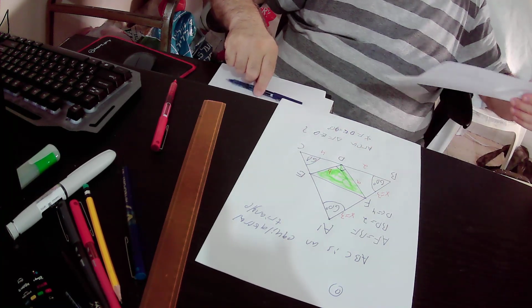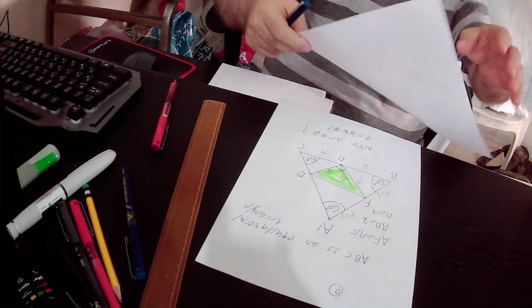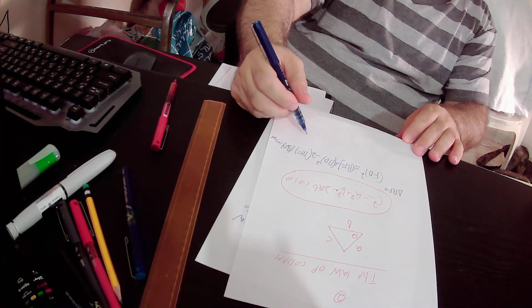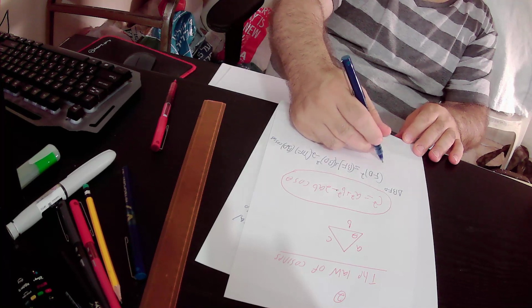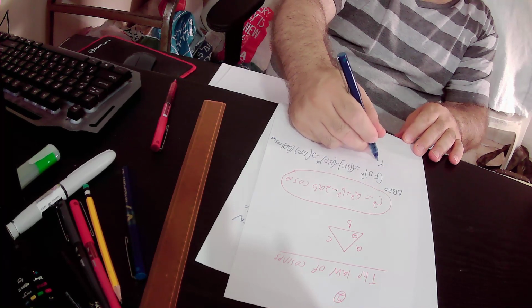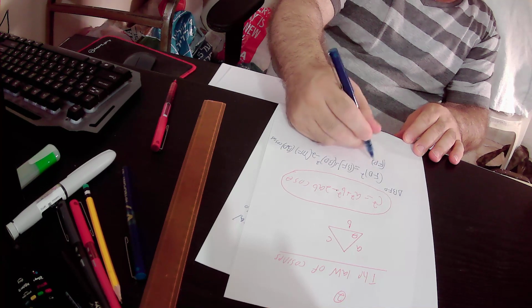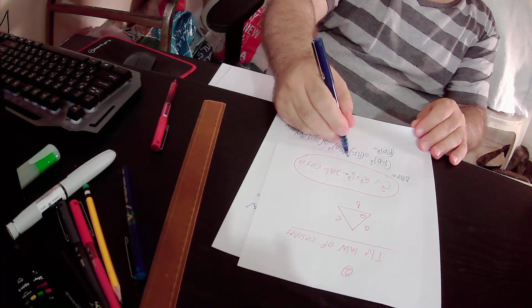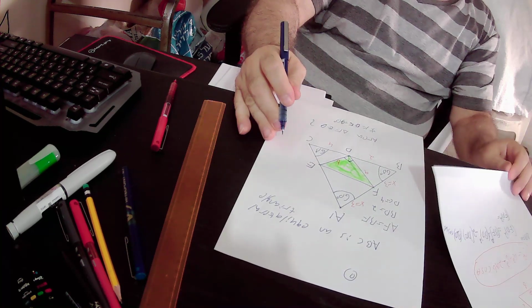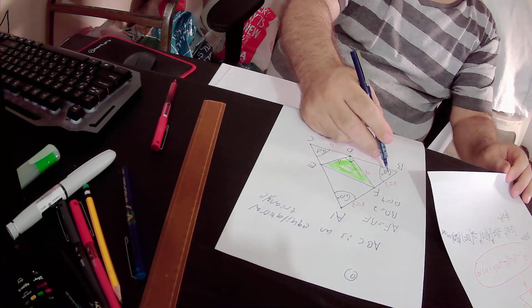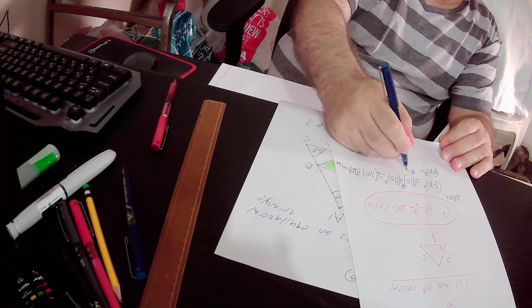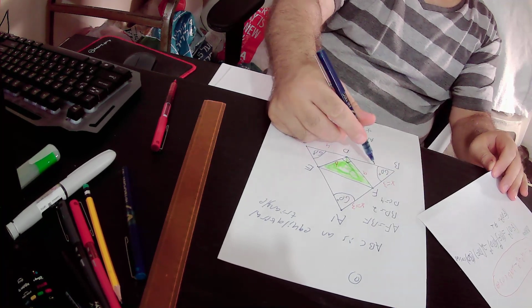We know that cosine 60 degrees is 1 over 2, so FD square will be equal to BF square. BF equals 3, so 3 square is 9, plus BD square.